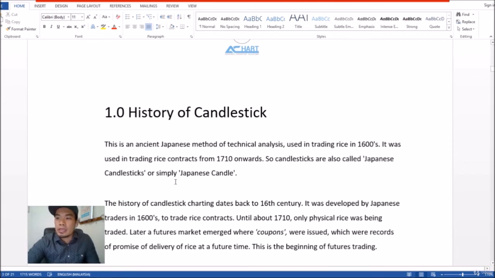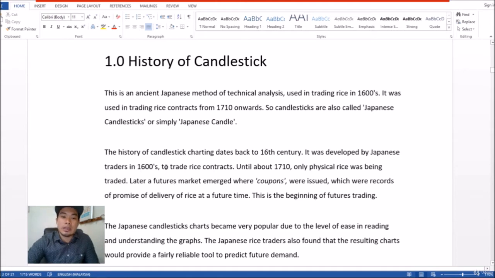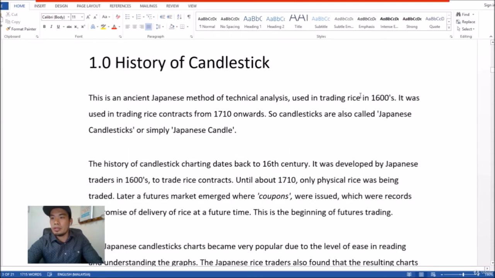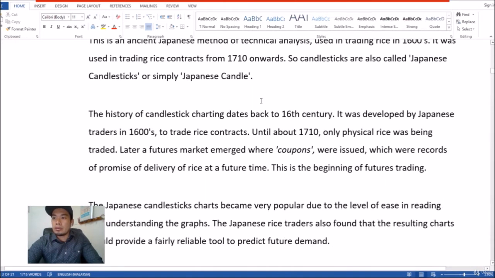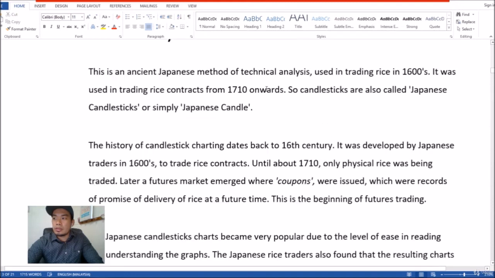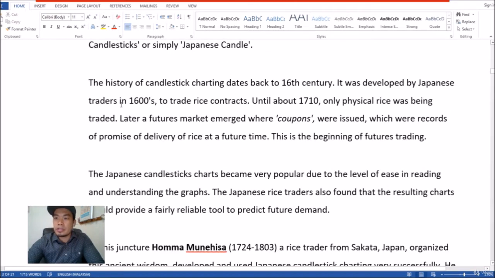All right. The history of candlestick actually originated from Japan. It was used in rice trading in 1600, as you can see. It is in the form of a candle, and that's why it is called Japanese candlestick, because it originated from Japan, from 1600, to trade rice contracts.